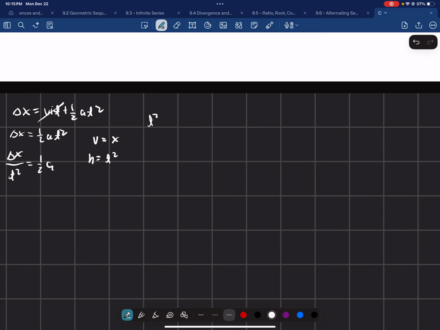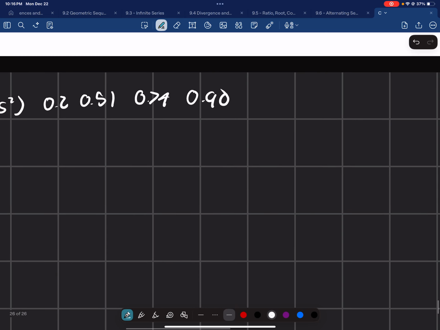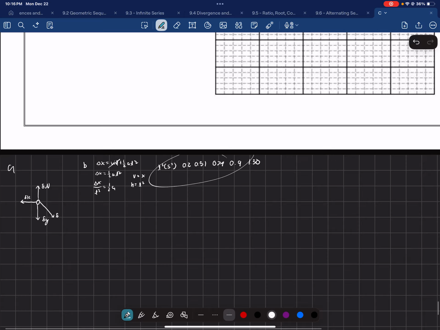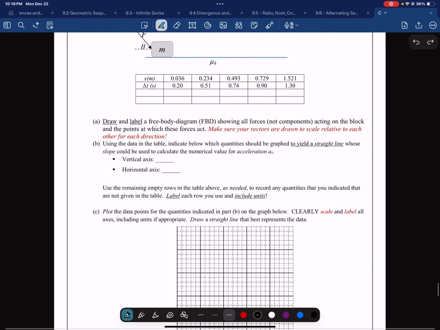We just square each value, and we should get 0.2, 0.51, 0.74, 0.90, and 1.30. So this would go in this row here.